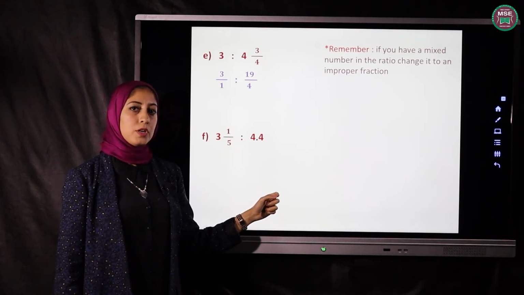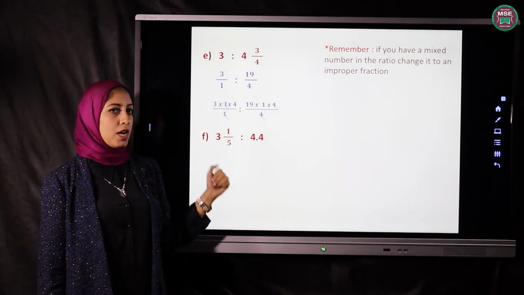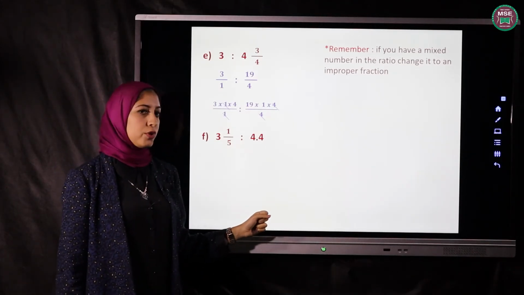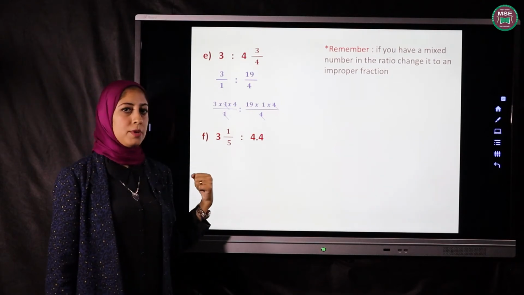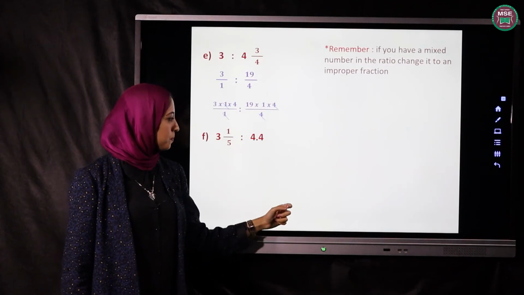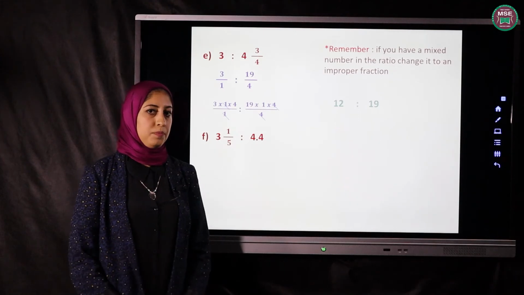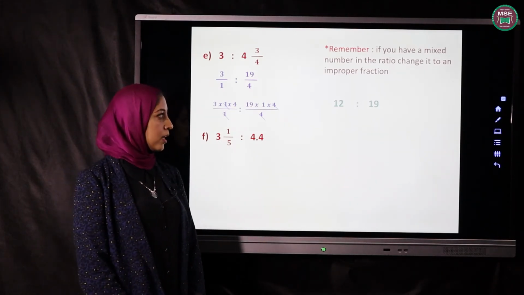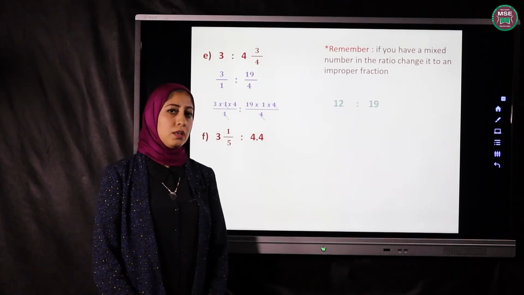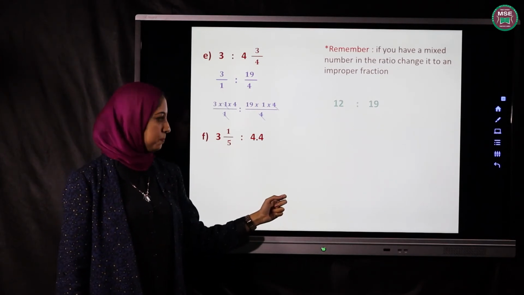I will multiply the upper numbers with 1 and 4. I will make 3 times 1 times 4 over 1 to 19 times 1 times 4 over 4. Then I will cancel the common numbers up and down together. Cancel 1 with 1 and 4 with 4. Now the answer will be 12 to 19. Can I simplify this ratio? No. Why? Because 12 and 19 have no common factor. So the final answer is 12 to 19.